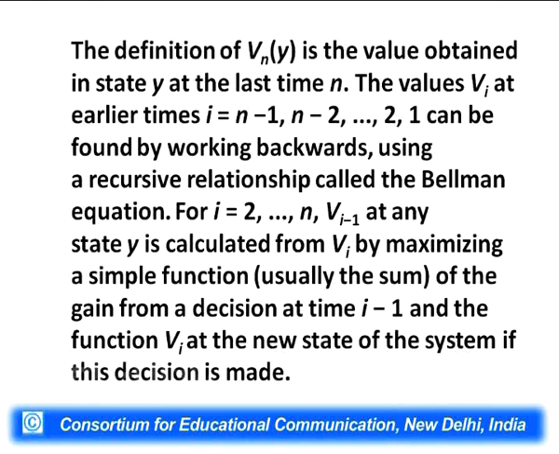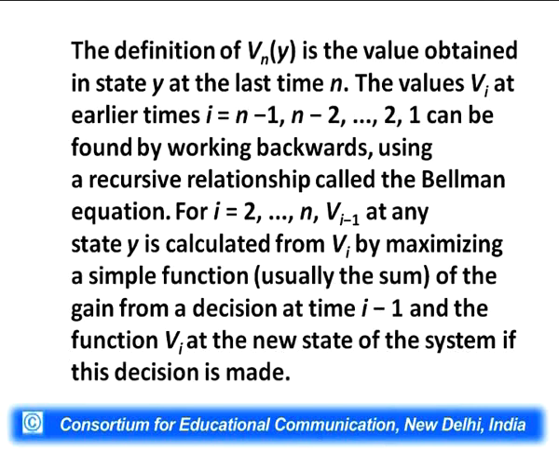The values Vi at earlier times, i equal to n minus 1, because we are talking about the time. Earlier to Vn is n minus 1, and earlier to n minus 1 is n minus 2, and so on. At the end we will go up to 2 and 1 state. So, if we go back from the state Vn, I will have the values n minus 1, n minus 2 till 2 and 1.